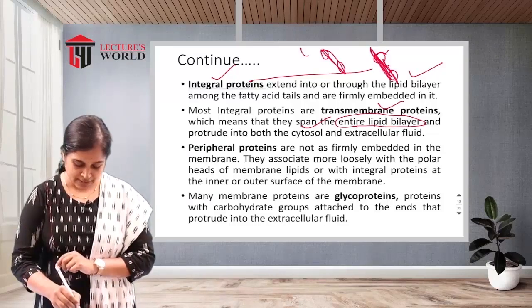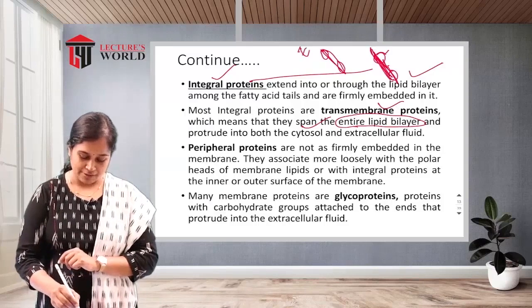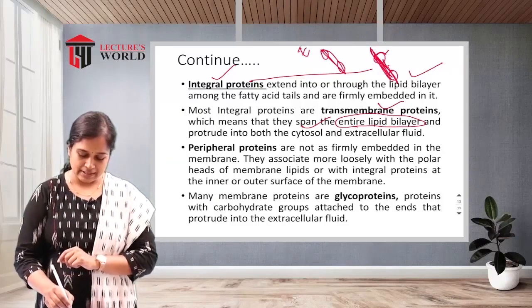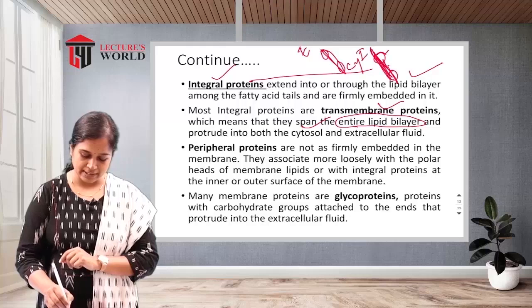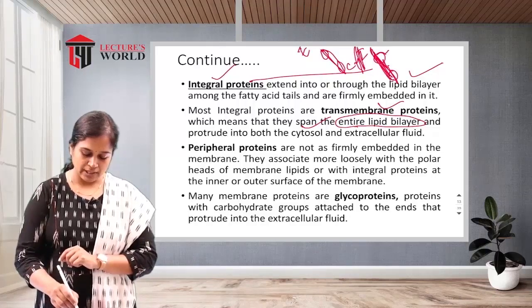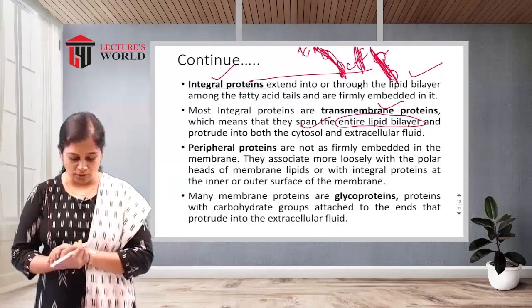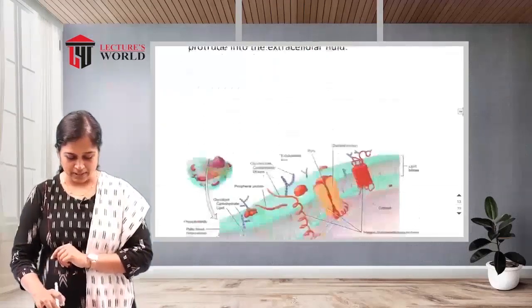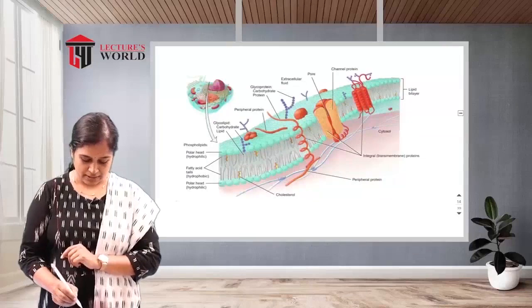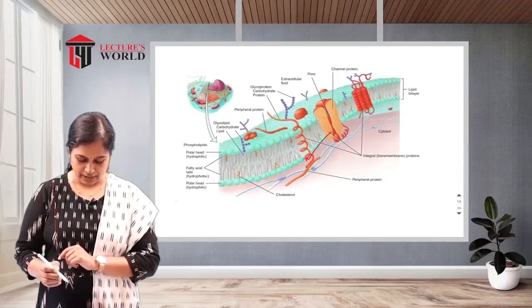So if this is the extracellular fluid, the outside of the cell, and this is the cytosol, or we can say the intracellular fluid, it protrudes on both sides. This kind of protein protrudes on both sides. We'll see in the image, you can see this. This is an example of the integral protein.